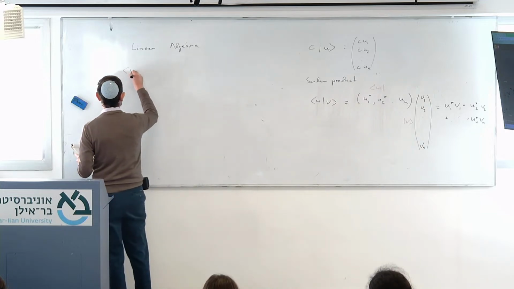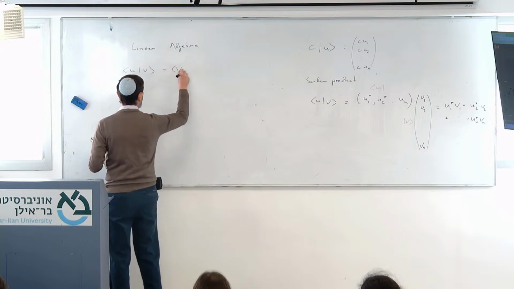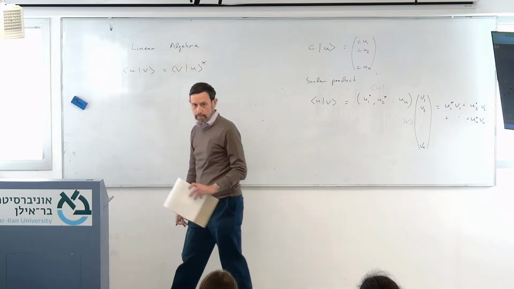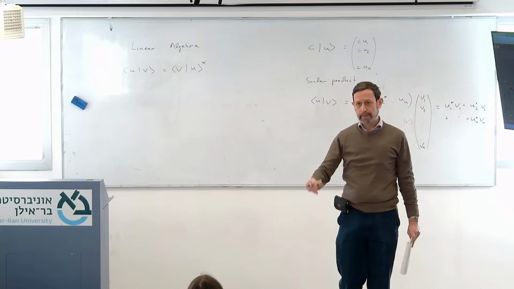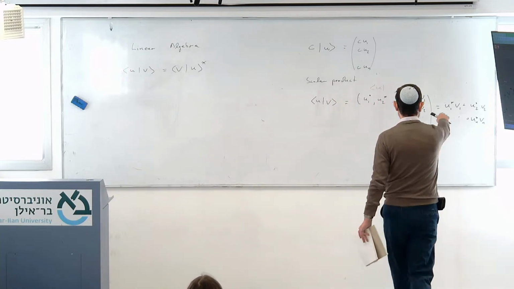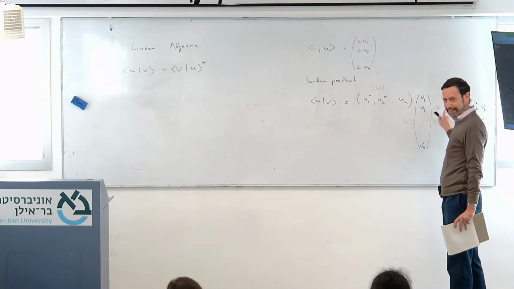So, okay, if I flip the sides, it's the same multiplication, but in this case, v1 would be the complex conjugate and not u1.